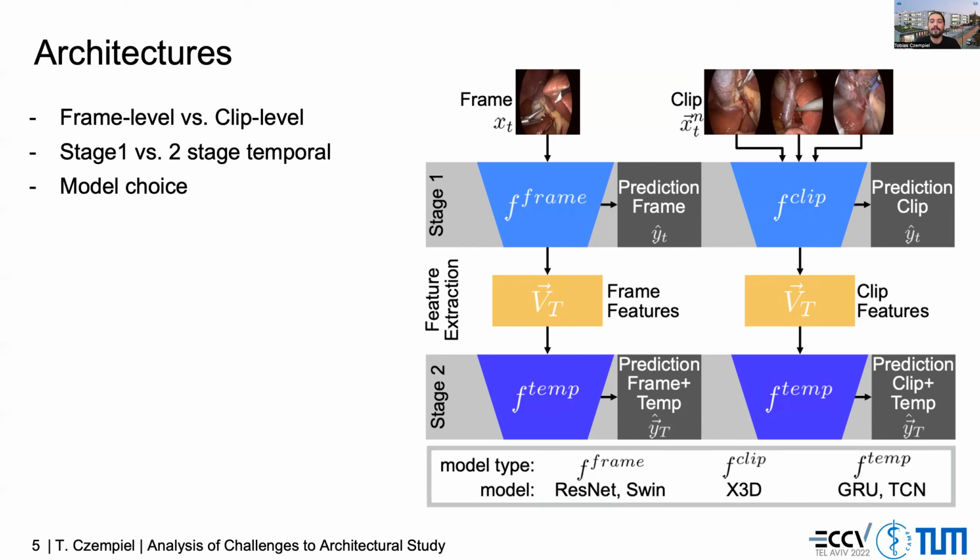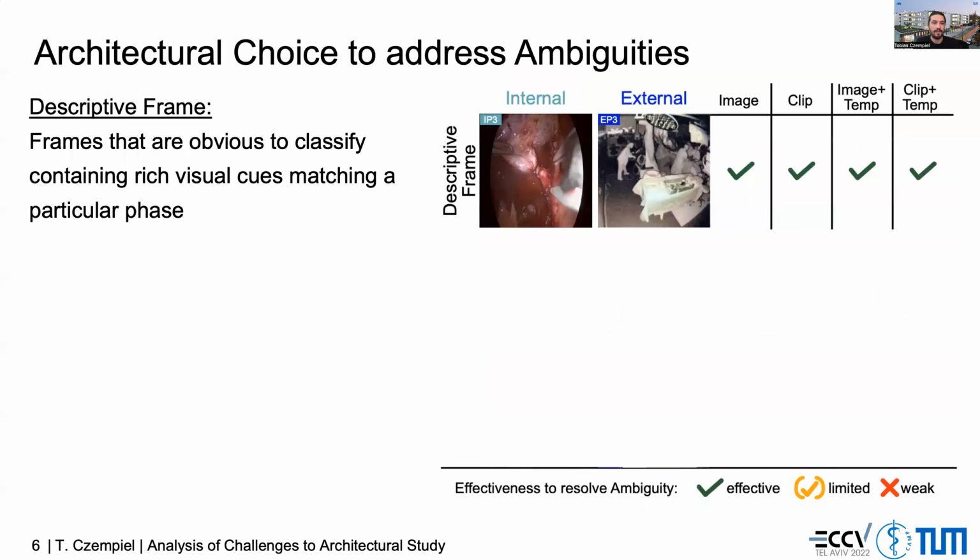In the following, I want to give you an overview of the limitations of these architectural choices for surgical workflow recognition. Descriptive frames should be easy to classify for all of the above mentioned architectural choices.